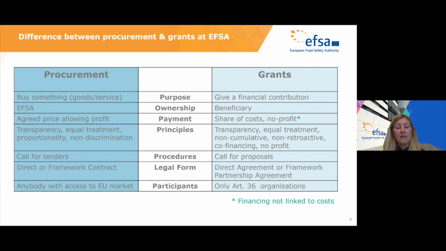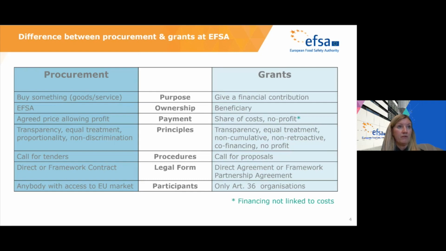Now, the rules in the EU financial regulation do foresee a number of principles that we have to respect in our treatment of procurement and grants, and they are broadly similar if we look at transparency, equal treatment, and non-discrimination. However, in grants, we also have these other principles in relation to non-retroactivity, so we can't contribute to an action that started in the past.